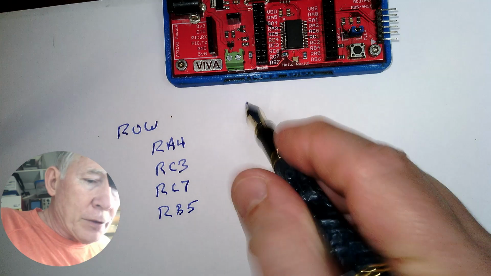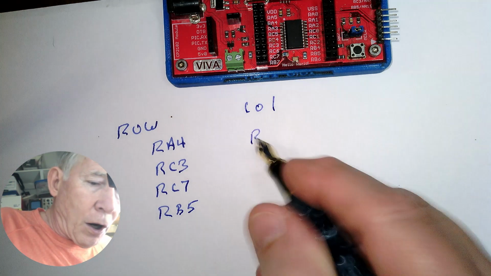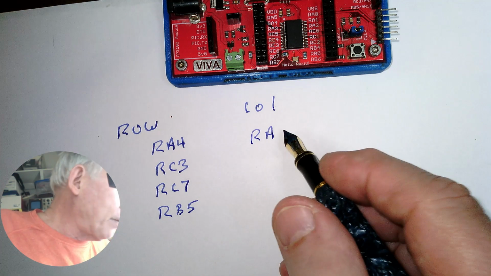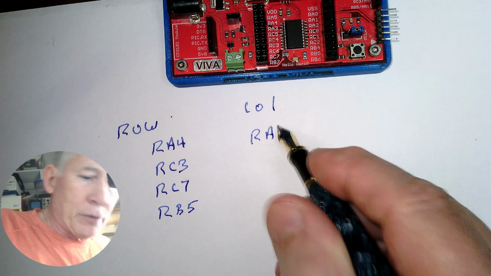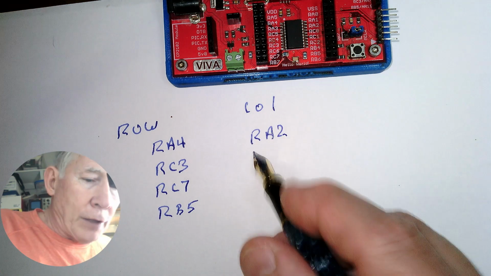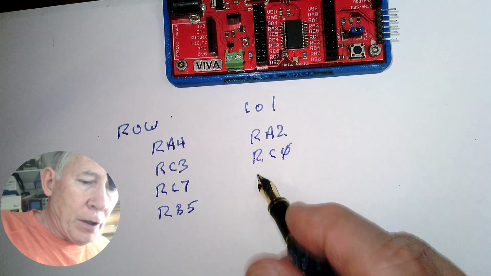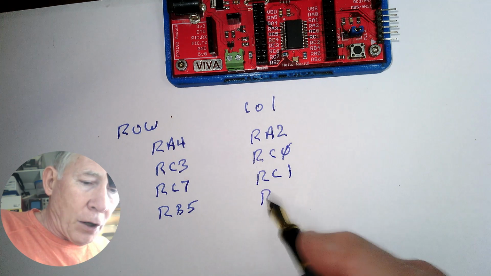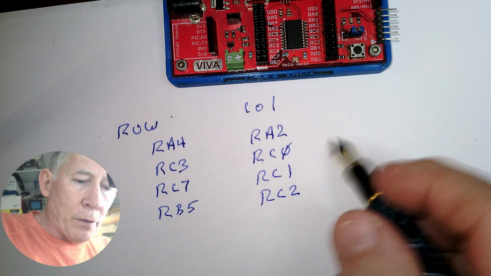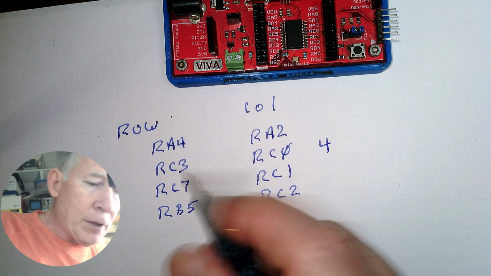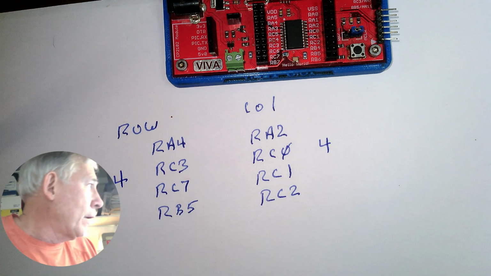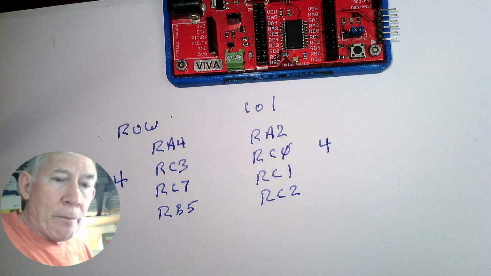And for the columns, I used RA2, that was the blue LED, and then RC0, RC1, and RC2. So 4 pins for the columns, 4 pins for the rows. And that's what we're left with.